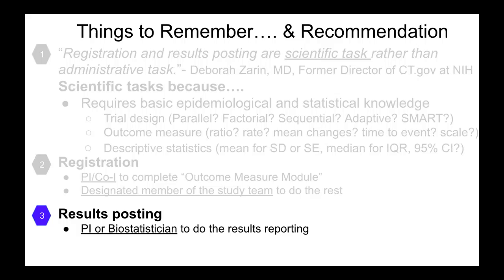Results posting is actually very similar to preparing a population characteristics table for a manuscript, which is typically Table 1 of the manuscript. NIH estimates results reporting can take up to 30 to 50 hours for complex designs with multiple outcomes. So make sure you start early.